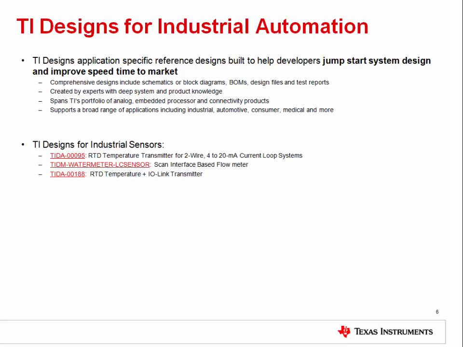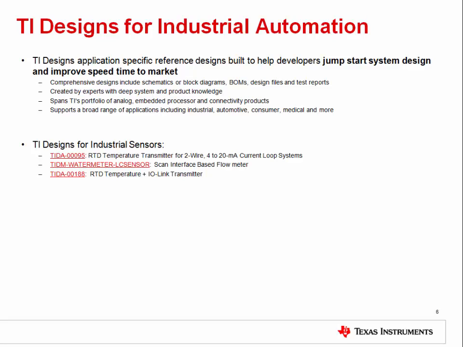Let's see the TI designs that are available for industrial automation. But before that, let's take a step back and understand what TI designs actually are. As a part of our comprehensive ecosystem, TI engineers build application-specific solutions, which are reference designs to help developers jumpstart system design and improve speed time to market. These include comprehensive designs with schematic or block diagrams, BOMs, design files, and test reports.